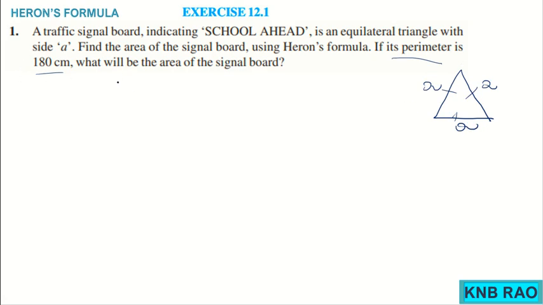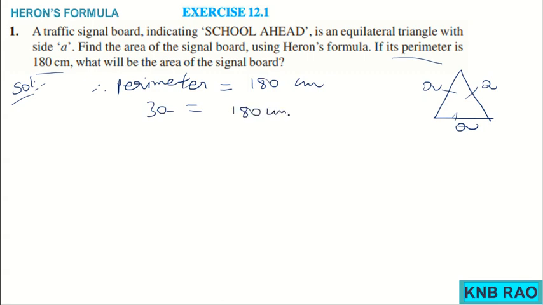Therefore, in the solution, perimeter is equal to 180 centimeter, that means 3a equals 180 centimeter, a equals 60 centimeter. I know now the side of it. The moment I know the side of it, I can go for finding its area using Heron's formula.